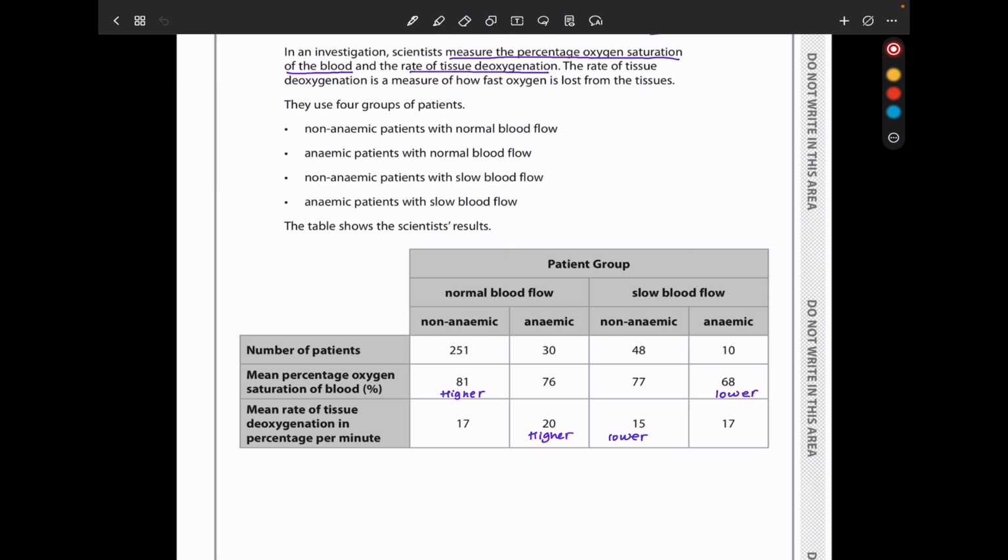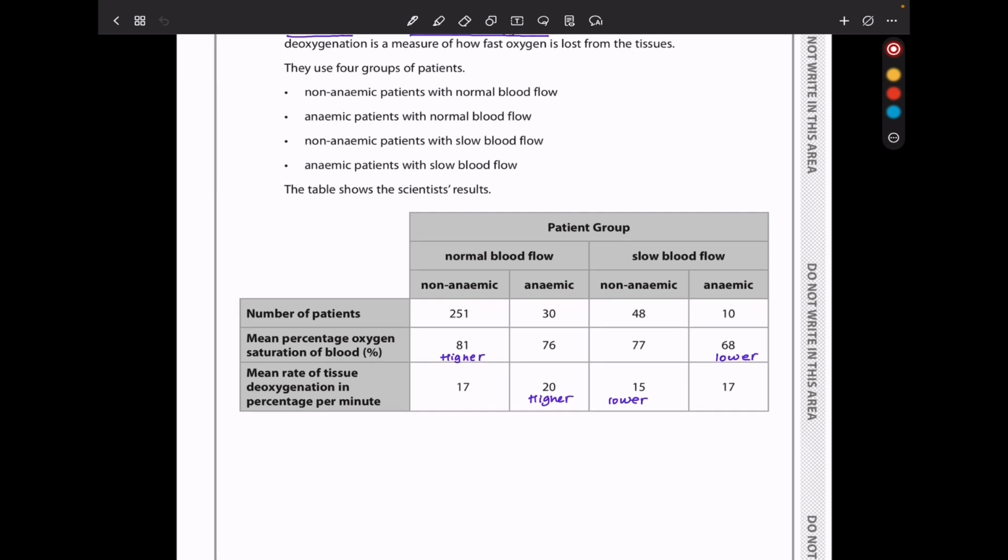The table shows the scientists' results. So we see the normal blood flow, non-anemic as well as anemic, and the slow blood flow, non-anemic as well as anemic. The corresponding results include the number of patients and the mean percentage of oxygen saturation; we can see it's higher here in comparison to that, and higher here in comparison to that.